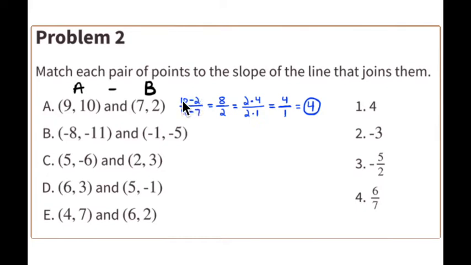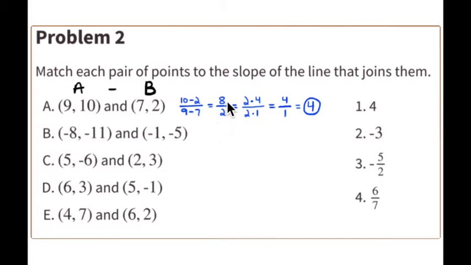So what's the length along the y-axis? It's that 10 units minus these 2 units, which equals 8. And that is over the length along the x-axis. So that is these 7 units subtracted from these 9 units. So that's 9 minus 7, and 9 minus 7 is a positive 2.